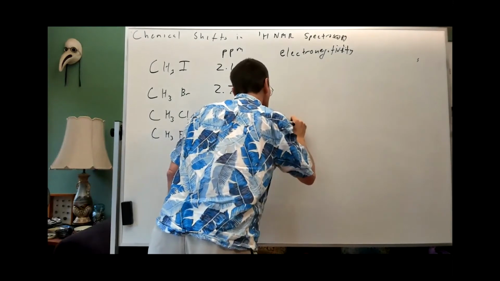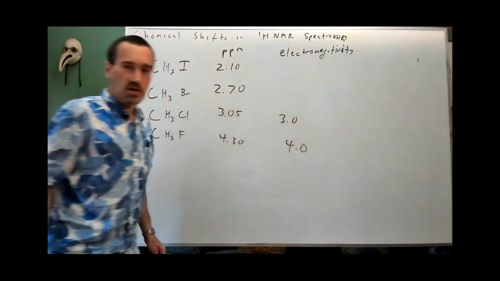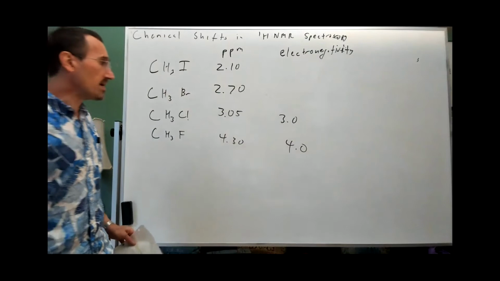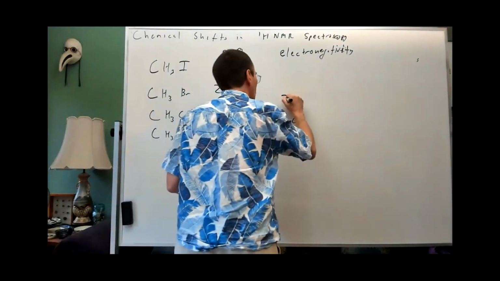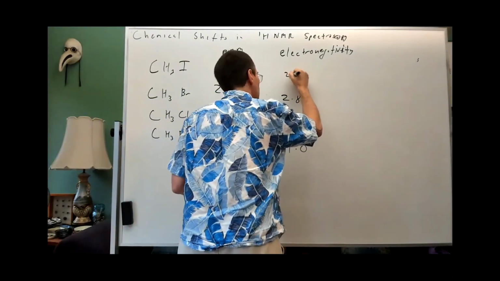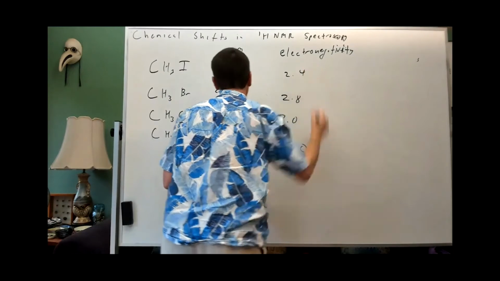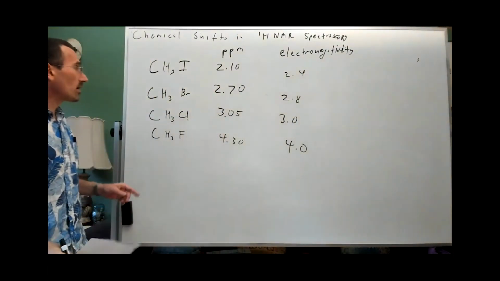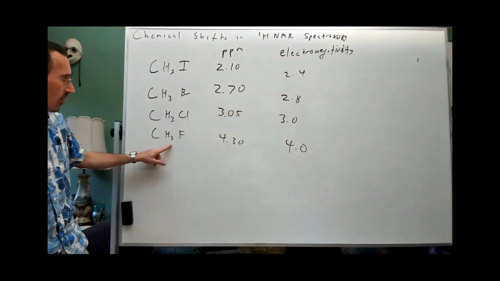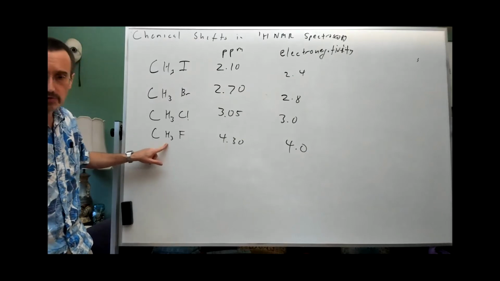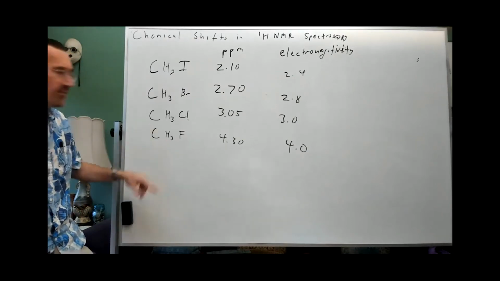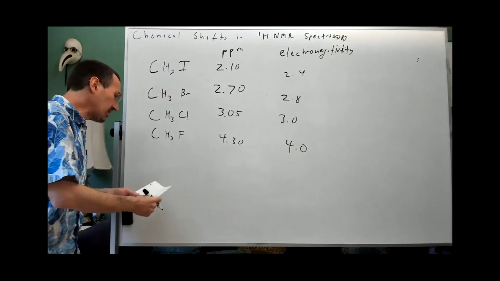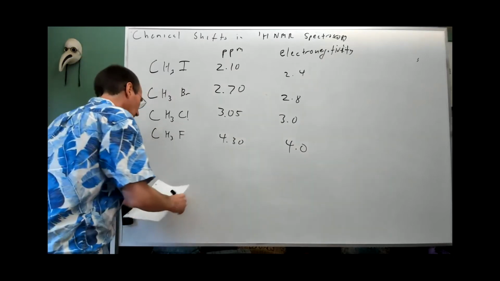You might remember that chlorine's 3.0. You might remember that bromine is a little bit less, 2.8, and iodine is still less than that at 2.4. And so basically the fluorine is pulling the electron density away from the methyl group. We would say it is de-shielding it.